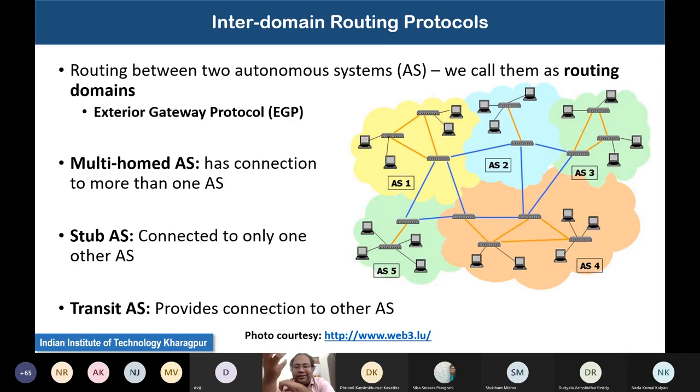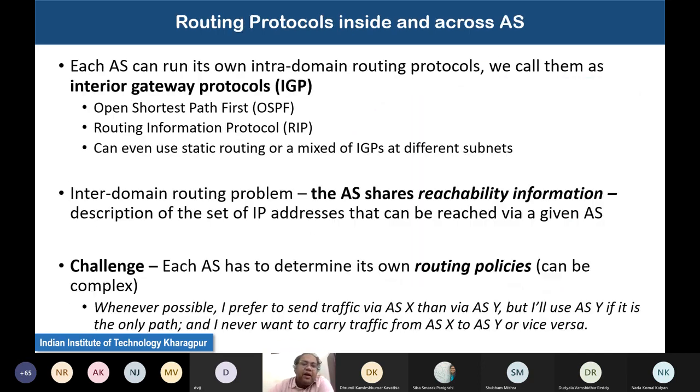They just consume the data and do not forward it to other autonomous systems. And the transit autonomous systems are a special type. They do not consume or produce any data traffic; rather, they forward the data from one autonomous system to another.